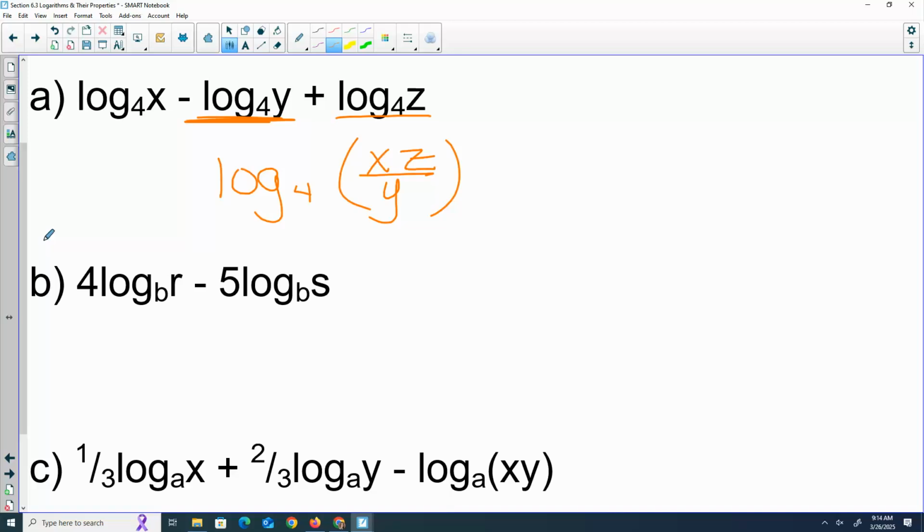If I look at B. What does that have to do there?